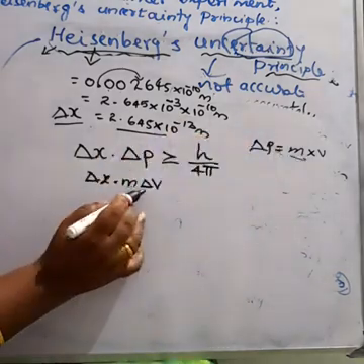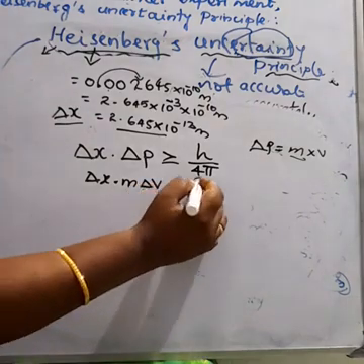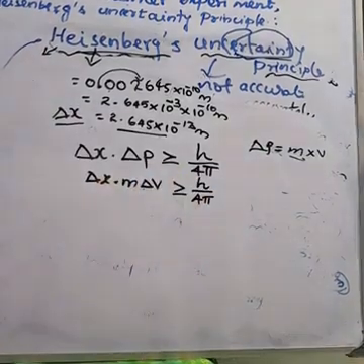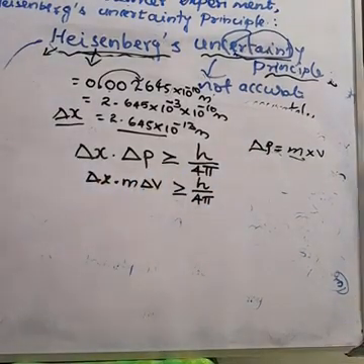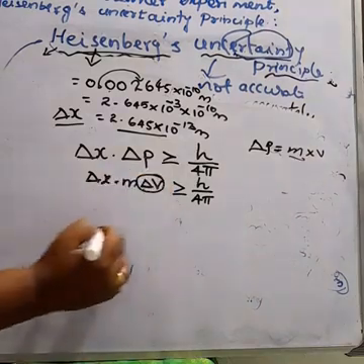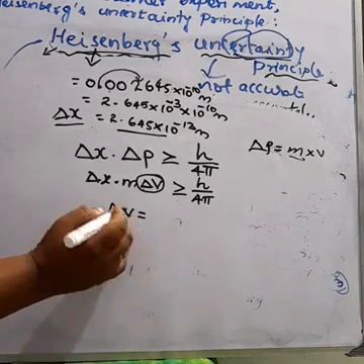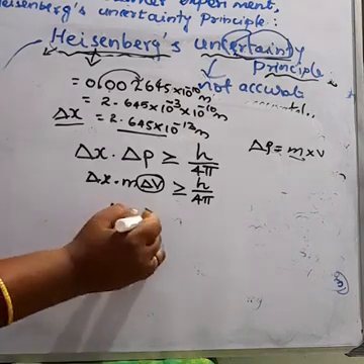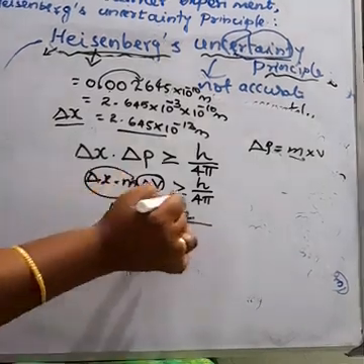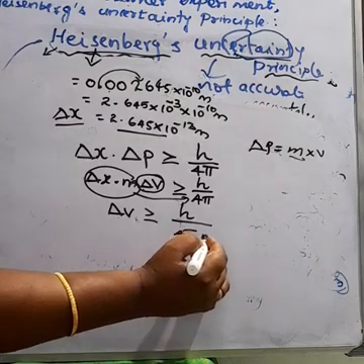So m delta v is greater than or equal to h by 4 pi. Understood? Here we have to find out delta v, the velocity only. So delta v is greater than or equal to h by 4 pi m into delta x, where m goes to the denominator.